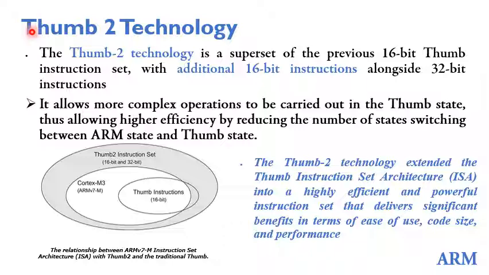few additional 16-bit instructions were added to the previously available 16-bit thumb instructions alongside the 32-bit ARM instructions to form the Thumb-2 technology. So the Thumb-2 technology is also called a superset of the previous 16-bit thumb instruction set with additional 16-bit instructions alongside 32-bit instructions.